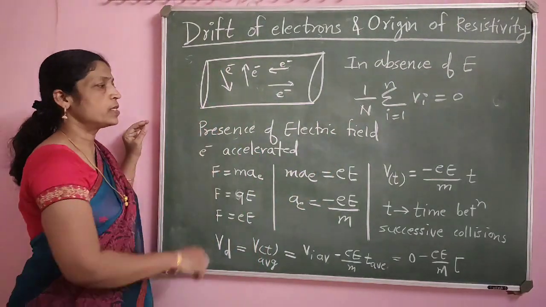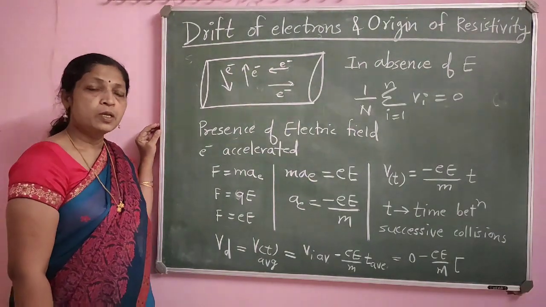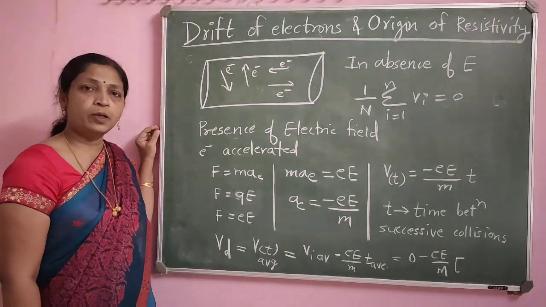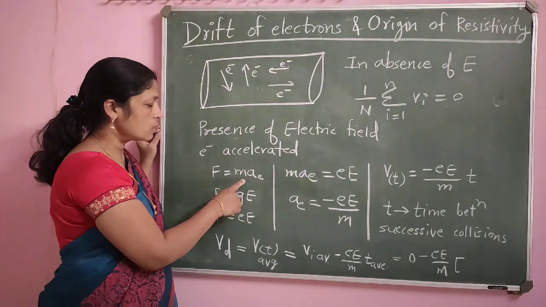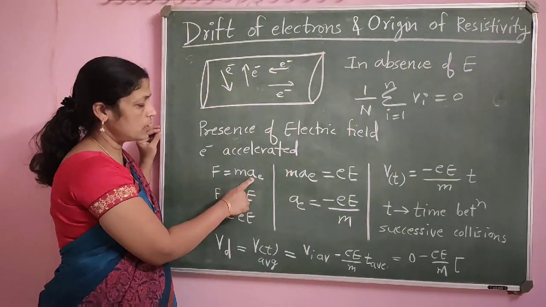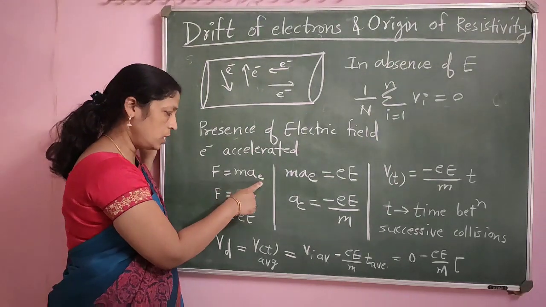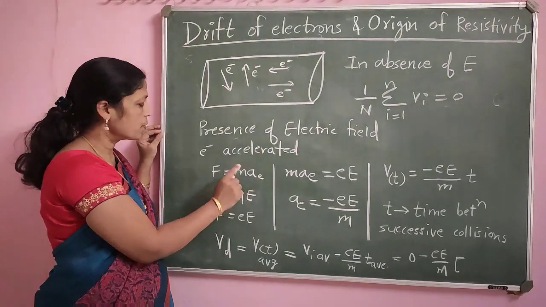In the presence of an electric field, as we have seen, the electrons get accelerated as a force acts on them. The force on the electron can be written as the mass of the electron times its acceleration, F equal to m(a)e, where (a)e represents the acceleration of the electron.